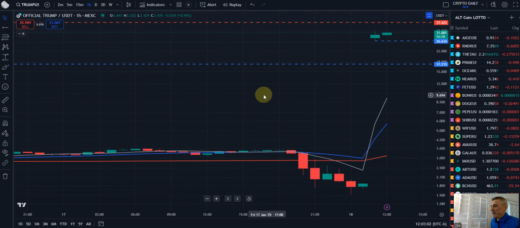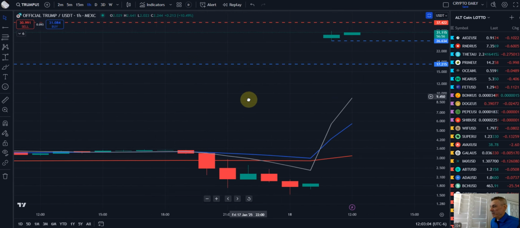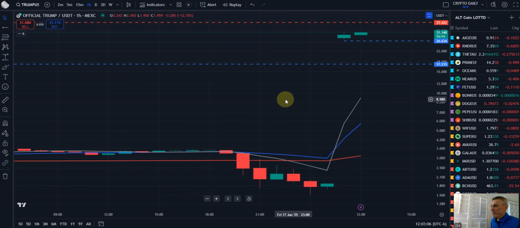Let's go to the hourly, kind of slow it down a little bit so we can see here. Okay, when price starts getting far and away from the 8, the 20, especially the 200, the bigger that gap, the closer you are to a high, to an all-time high, or a near-term all-time high.